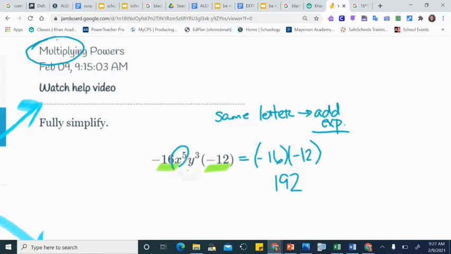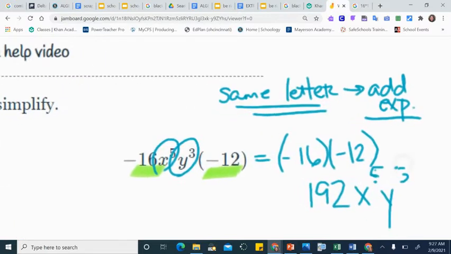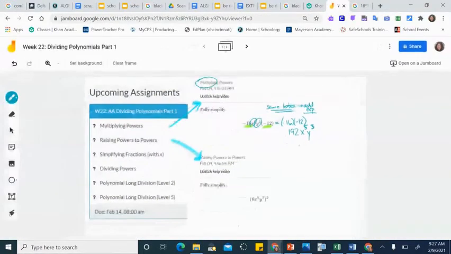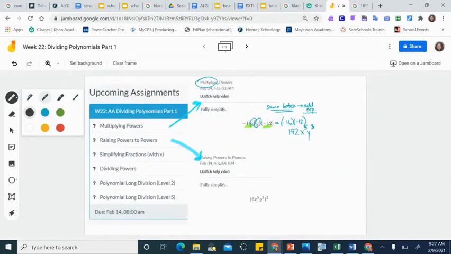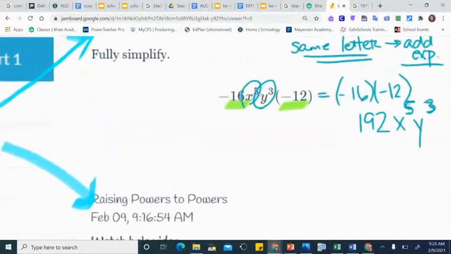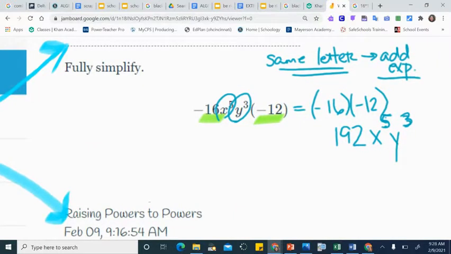Then x to the fifth and y to the third, they do not have the same letter, so there's nothing I can do with them except write them down. That's it. X to the fifth and y to the third. Now, this is example 1, we'll call this example 2.